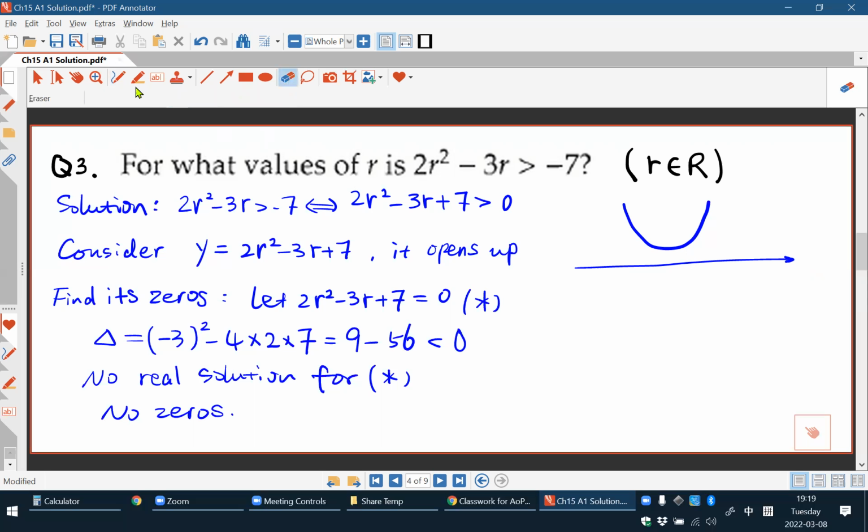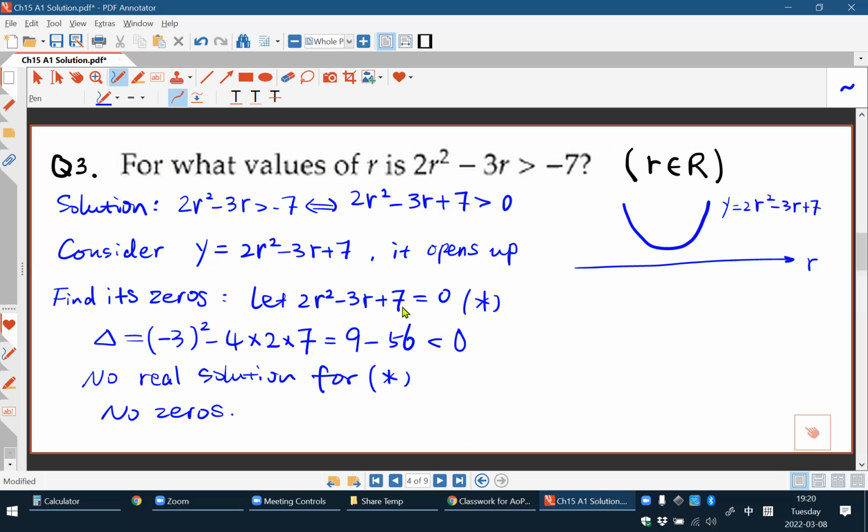Can you follow me? Okay, so this is y equals 2r squared minus 3r plus 7. This is the curve of this function, and this is the horizontal axis. As we have calculated, there are no zeros, so there is no intersection between this curve and the horizontal axis.